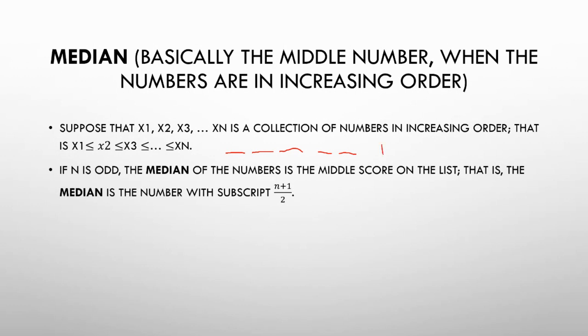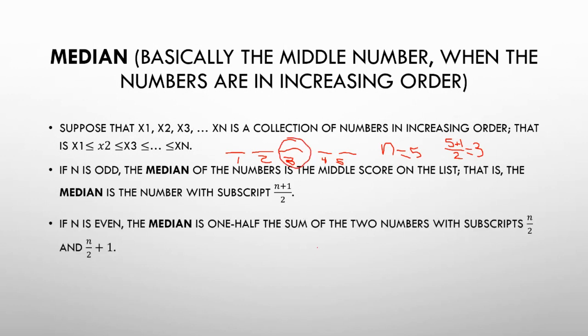So if n is 5, we would do 5 plus 1, divided by 2. That gives me 6 divided by 2, which is 3. So it'll be the third number on my list. And that's indeed the middle number.